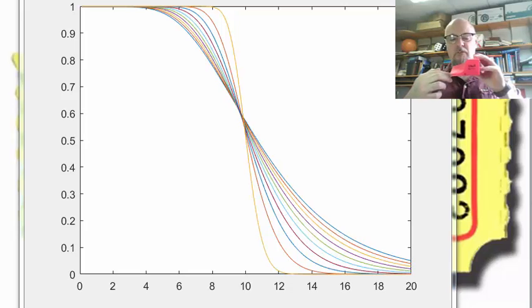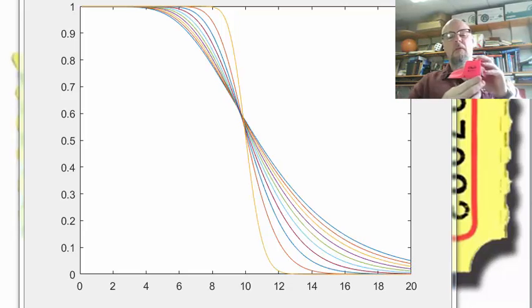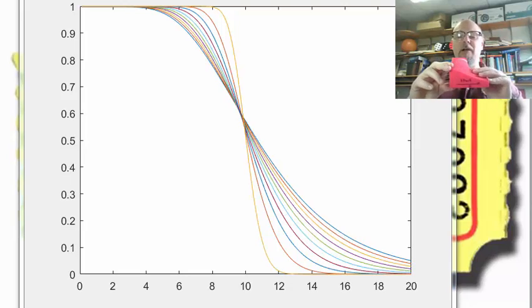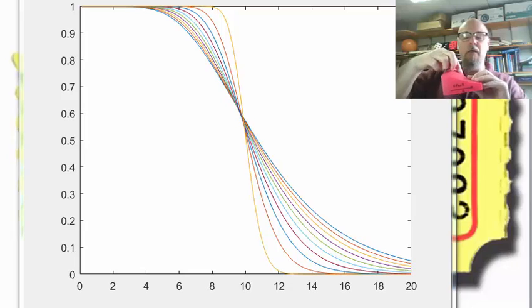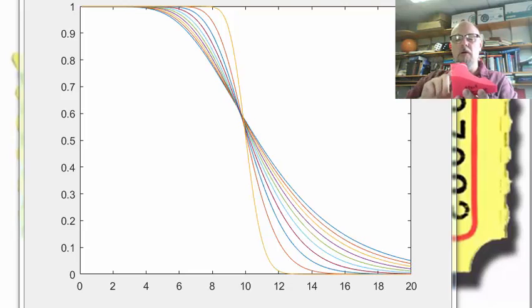1, 0. The stock is 0 here, the stock is 20 here. And as time goes on, the slice with respect to time is morphing into the end here, which is the payoff function.